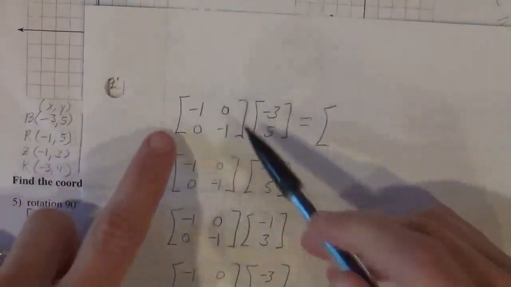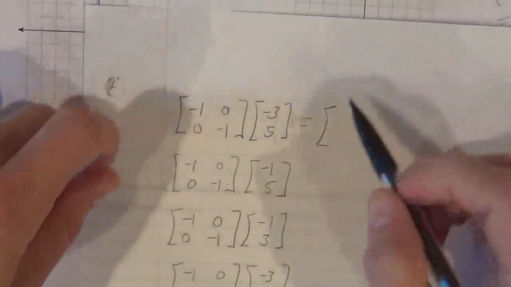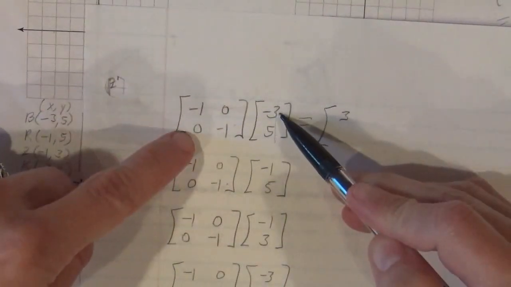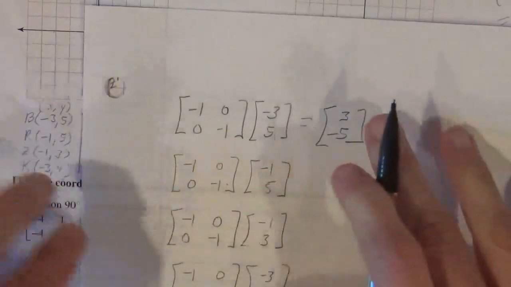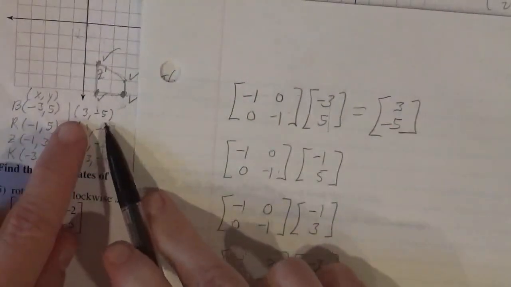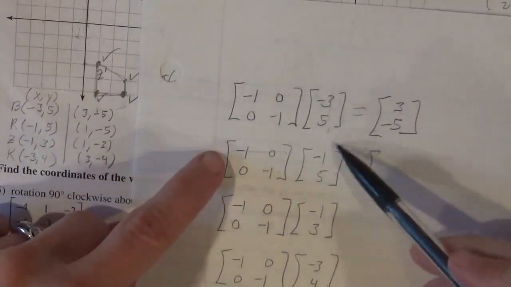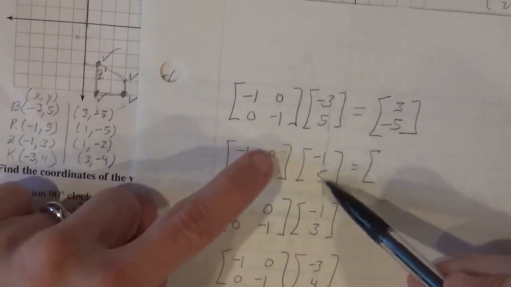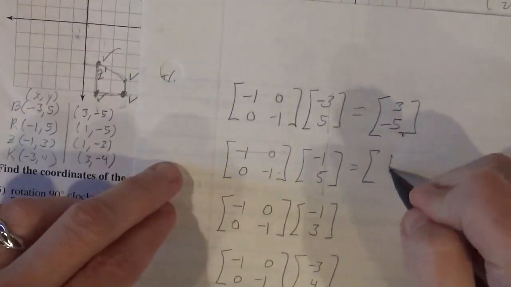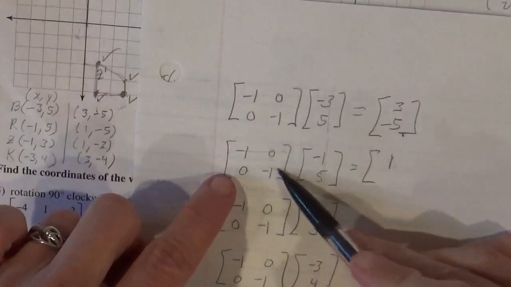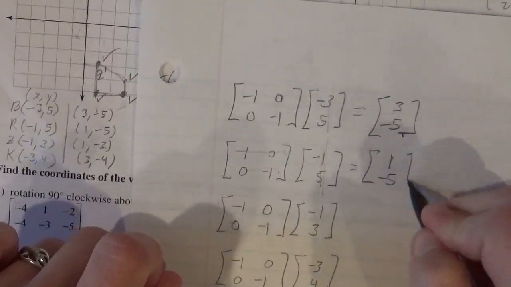If I take each of my original points and multiply them by this matrix, I'll get my new points. So rows by columns, 3 plus 0 is 3, 0 minus 5 is minus 5. And you see that that is 3, negative 5, that was our new guy, right? These are kind of boring matrices. So we'll do it again, rows by columns, 1 plus 0 is 1, and then 0 minus 5 is minus 5.